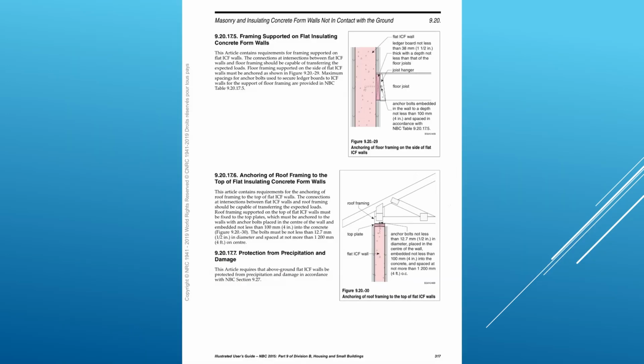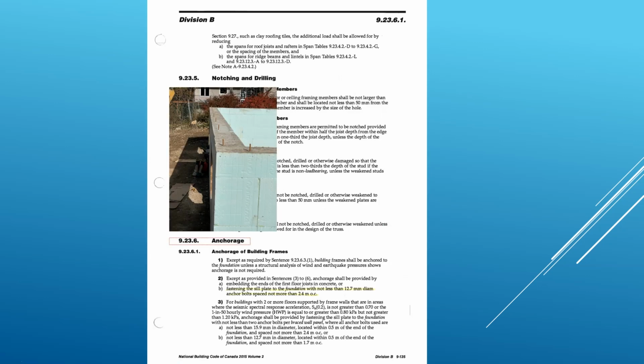A little bit of a picture out of the user guide again shows that we've got an anchor here, a ledger here, and then an anchor here and a plate here. That just gives you an indication of how they want the anchor bolting.